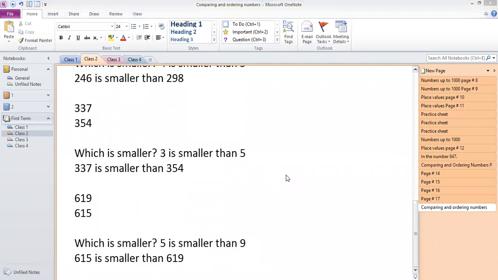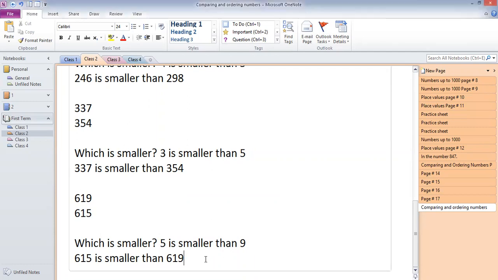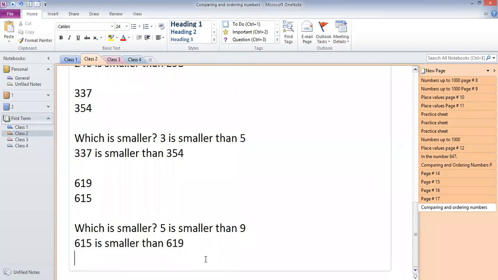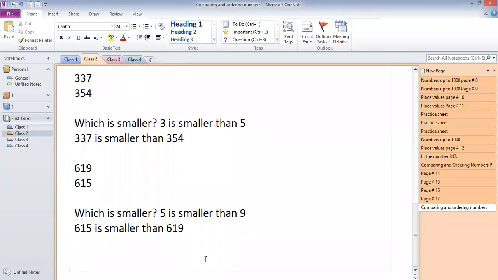Yes, sir. That's right. That's very good. Guys, here I was giving you the examples of which is bigger and which is smaller. Let's suppose if I ask you which is bigger.